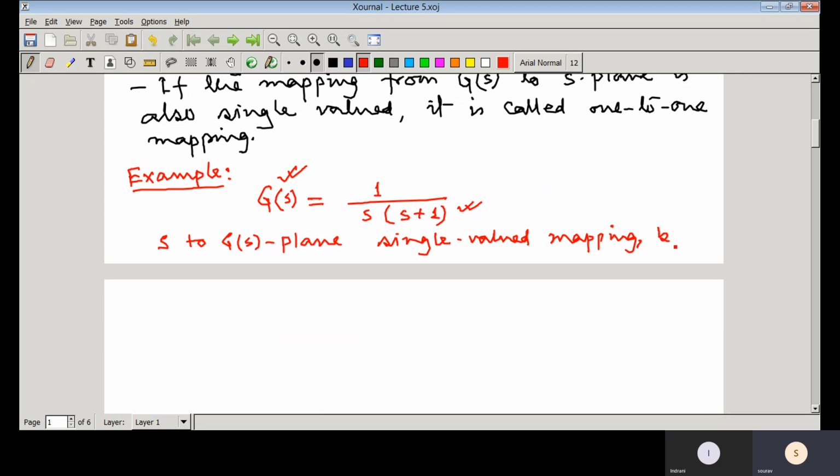But the reverse one, if you take a value G(s) here and need to find the corresponding value of s so that you get this G(s), means the reverse mapping is not single valued.